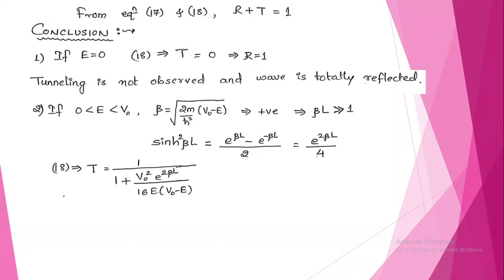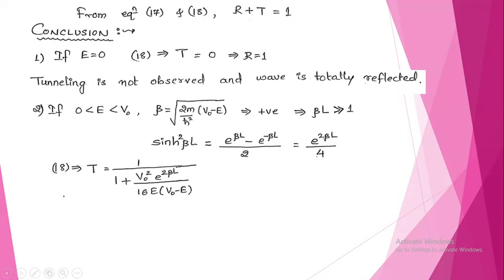Here, in the second term you should remember it is the square of this term. So beta L is very much greater than 1, so it is going to be neglected, and totally the square term will be something like this. As it is very much greater than 1, the second term is neglected. So only it will be e raised to beta L by 2 whole square.